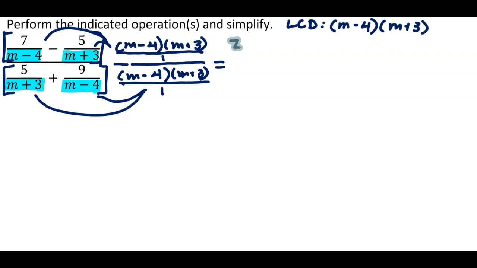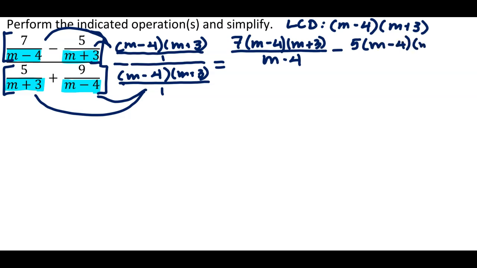Oh my goodness, I can't write a 7 right now. Okay, 7. And I need to multiply it by an m minus 4, m plus 3. And then on the bottom, I have an m minus 4. Second fraction, I need to multiply 5 by m minus 4, m plus 3, and I have an m plus 3 on the bottom.